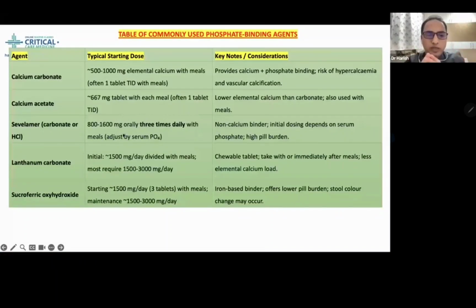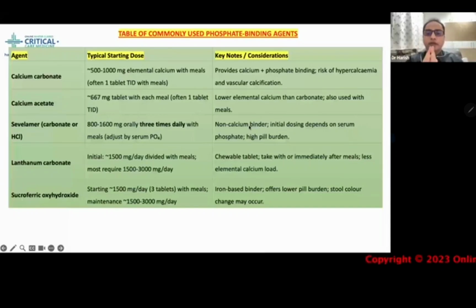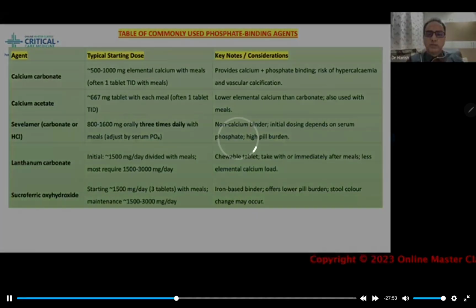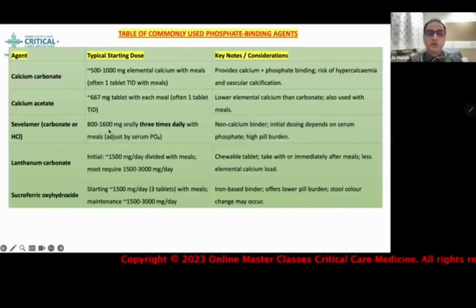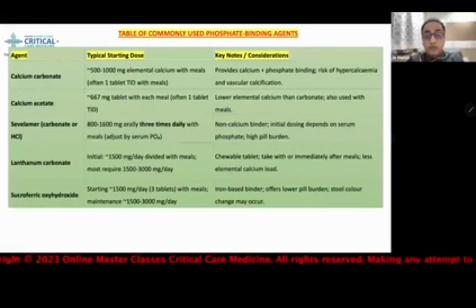The dosage is 800 to 1600 milligram orally, 3 times daily with meals, and the dose is adjusted as per the serum phosphate level. It is a non-calcium binder. Initial dosing depends upon the serum phosphate. The problem is, if the phosphate is very high, we need to give up to 1600 milligram 3 times daily, so there is a high pill burden.